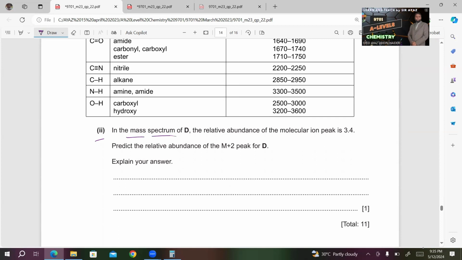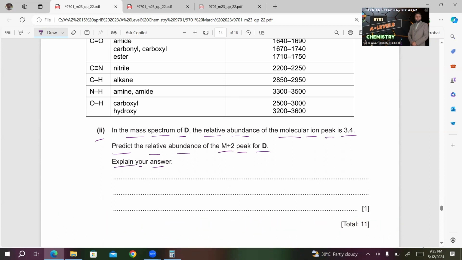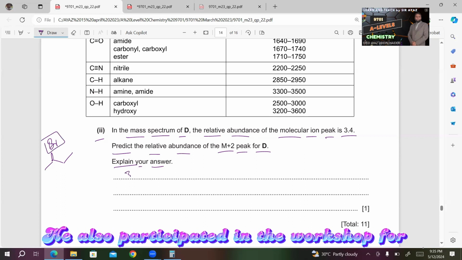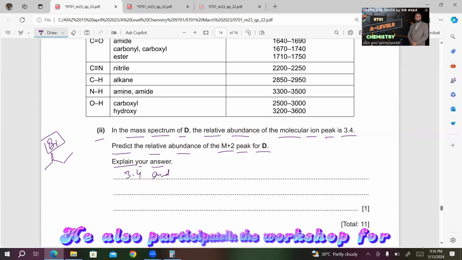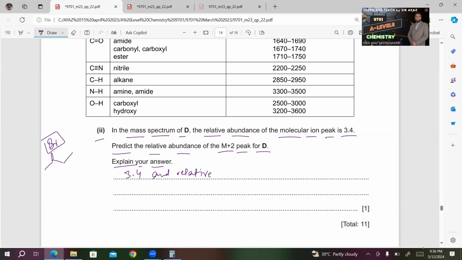Number 2, in the mass spectrum of D, the relative abundance of the molecular ion peak is 3.4. Predict the relative abundance of the M plus 2 peak for D. Explain your answer. What is D? D is this. So it must be due to this bromide. Then you will write 3.4 and relative abundance.